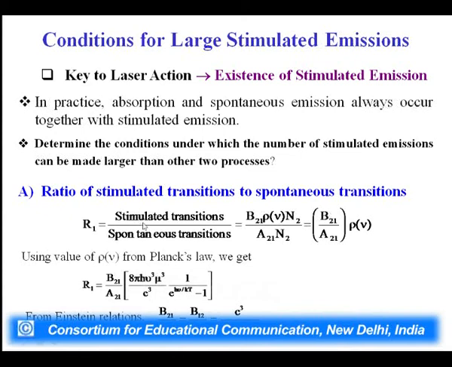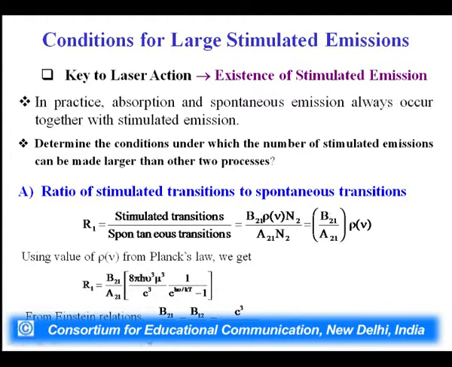R1 is defined by the ratio of the stimulated transition to the spontaneous transition, B12 rho nu by A21, where N2 is cancelled here. Using the value of rho nu from Planck's law, R1 is equal to B21 by A21 into 8 pi h nu cube mu cube divided by c cube into 1 by e power h nu divided by kT minus 1.